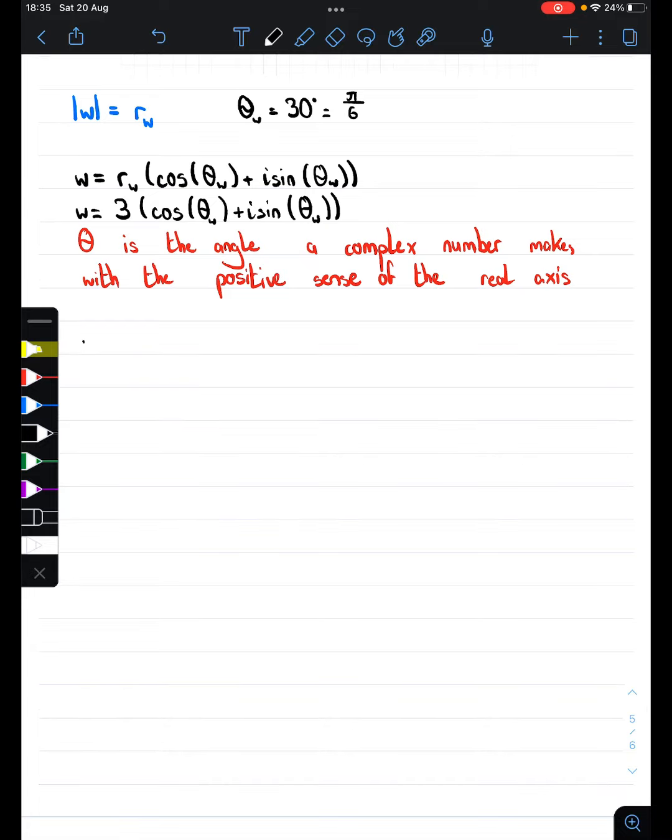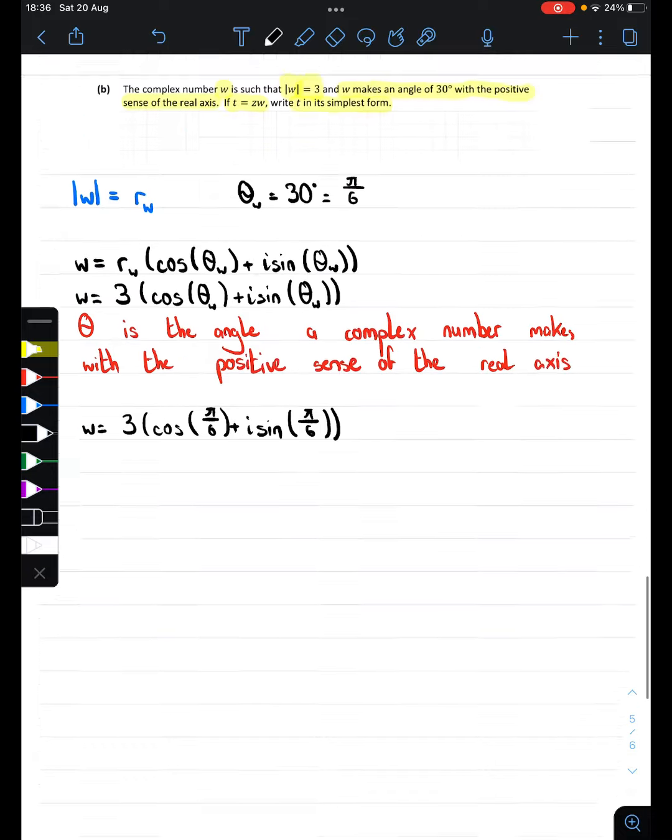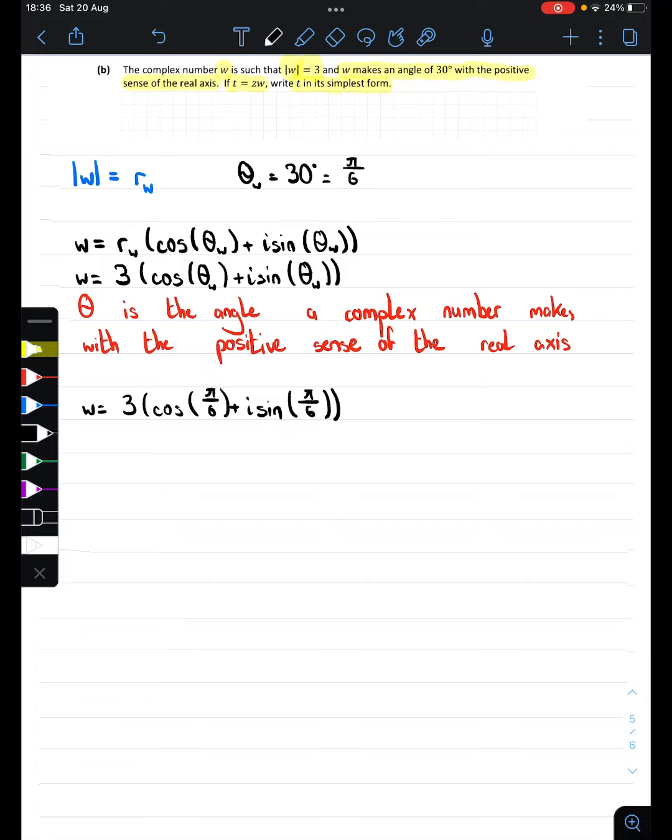So W equals 3 cosine pi over 6 plus I sine pi over 6. Okay, so there's a few ways that we could do this. So now we're trying to write the product ZW.